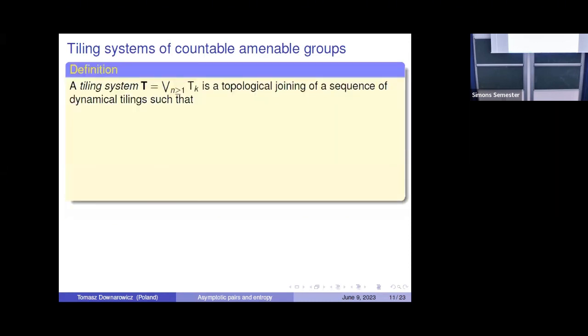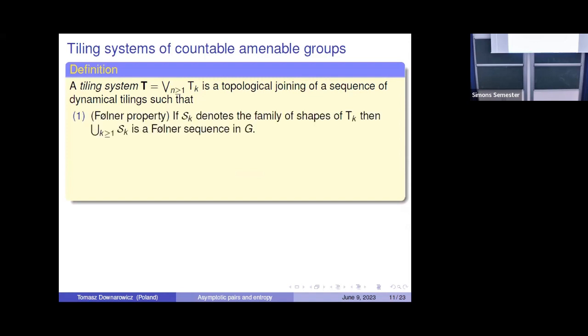So we have these objects. And then the next object is a tiling system. It's a joining of a sequence of tilings with larger and larger shapes. And there are several requirements here. The first one is the Følner property. That means that if you take all shapes in all those tilings and arrange them in a sequence, you get a Følner sequence. This is called the Følner property of the tiling system. Then there are two more.